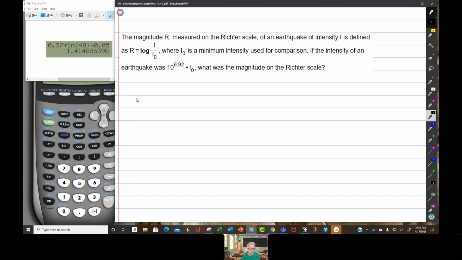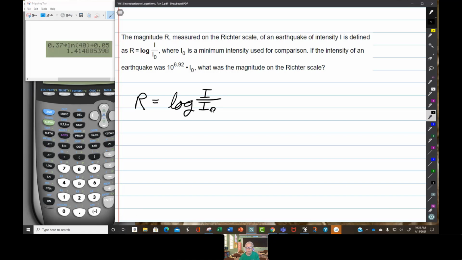Okay. So here we have R, the magnitude, equals the log of the intensity divided by the basic intensity.